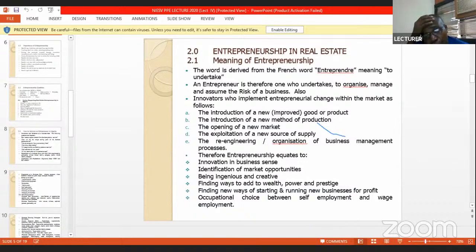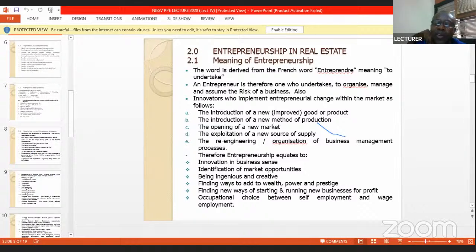An ingenious person is a genius. A genius is an ingenious person. And somebody can be ingenious and at the same time creative. An entrepreneur means finding ways to add to wealth, to add to power, and to add to prestige.